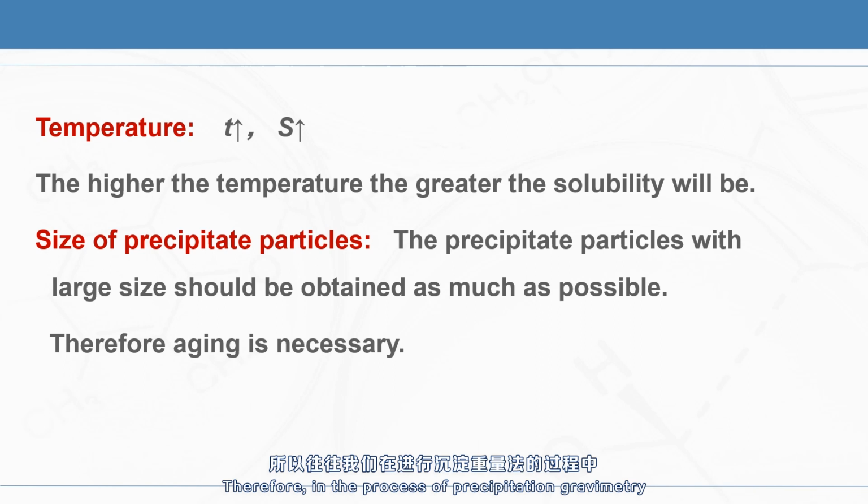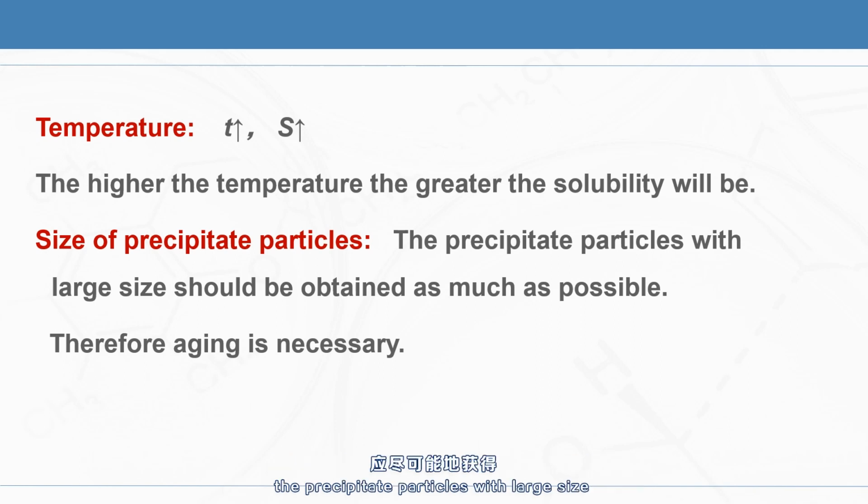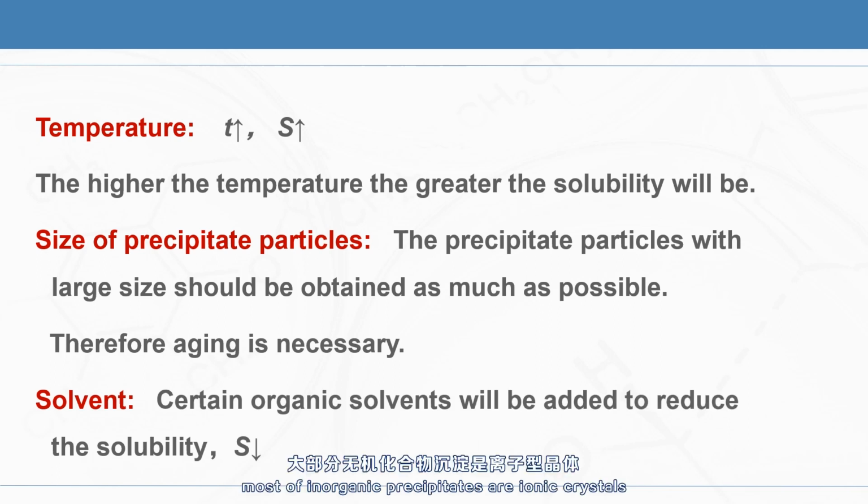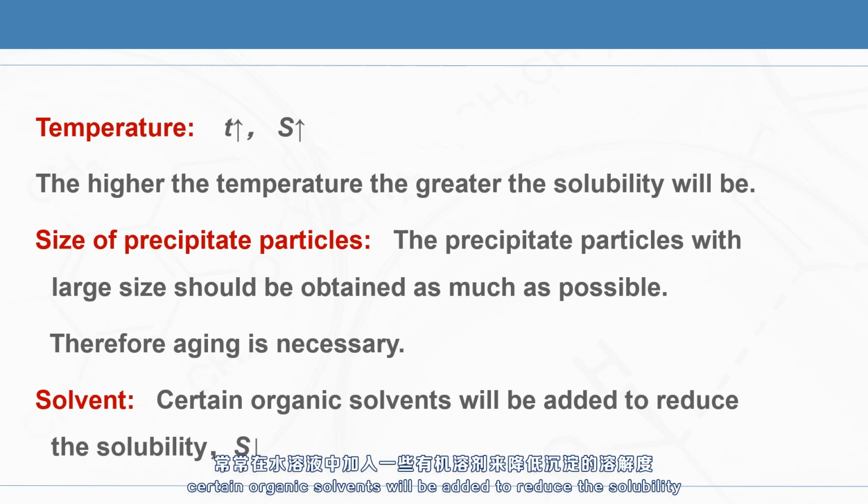Therefore, in the process of precipitation gravimetry, the precipitate particles with large size should be obtained as much as possible. On the other hand, most of inorganic precipitates are ion crystals, and their solubility in organic solvent is smaller than in water. Hence, when a precipitation reaction takes place, certain organic solvents will be added to reduce the solubility.